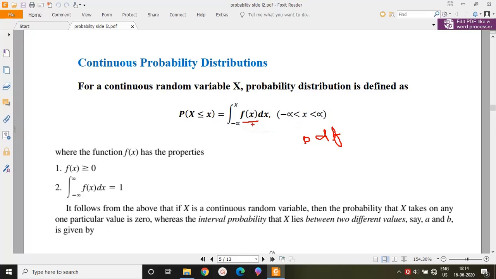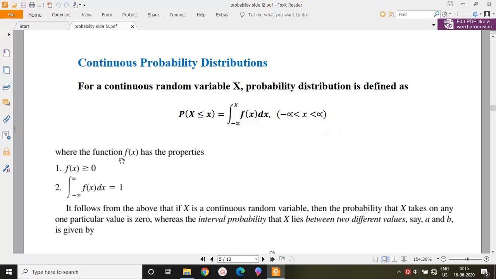So the probability density function integrated from minus infinity to x gives the probability that the random variable capital X is less than or equal to x, where the random variable lies between minus infinity and plus infinity.